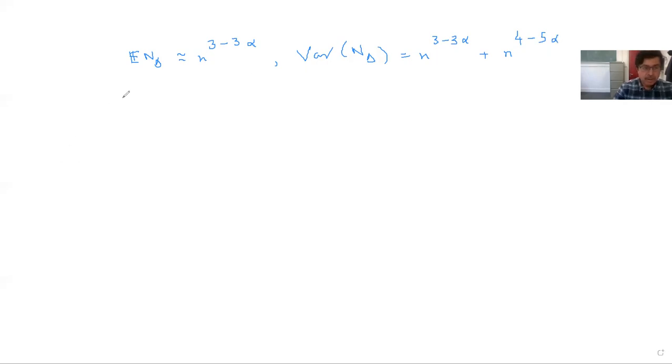Okay, so let's come back to the question of asking what's the probability that there is. So we are interested in the probability that there is at least one triangle, and the complementary event is the probability that there are 0 triangles.